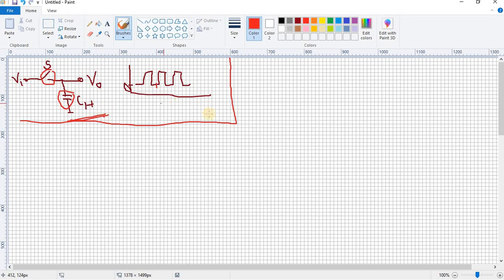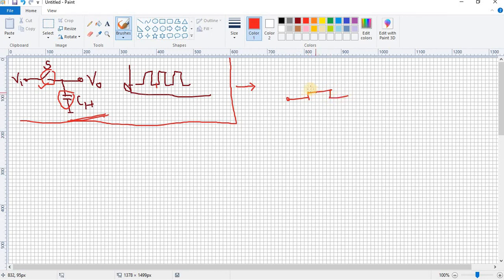So in this circuit, if we want to realize it using MOSFETs, the simplest way is to replace this switch by a simple MOS structure, right? For that, let's replace the switch with a simple NMOS circuit.